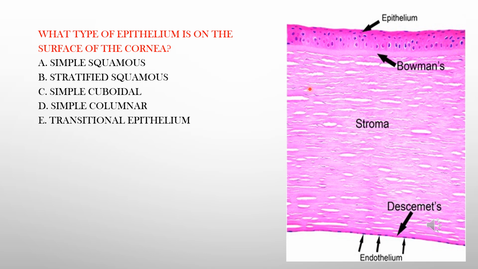And this epithelium is highly sensitive, supplied with free nerve endings, and the superficial flat cells possess microvilli to help retain the tear film between them to keep the cornea wet and prevent dryness of the eye and prevent ulceration as a result of this dryness. So this type of epithelium helps in protection of the eye.